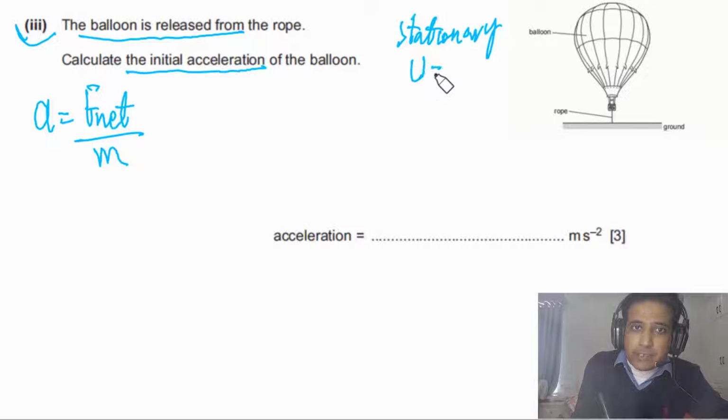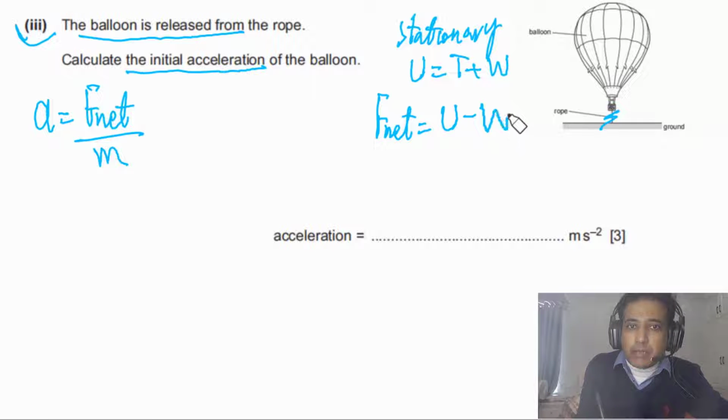We have discussed that upthrust is equal to T plus W. And now when we cut this rope, net force F net will be equal to U minus W, and from here we can see this is equal to T. So F net is equal to the tension in the rope when the balloon was stationary.